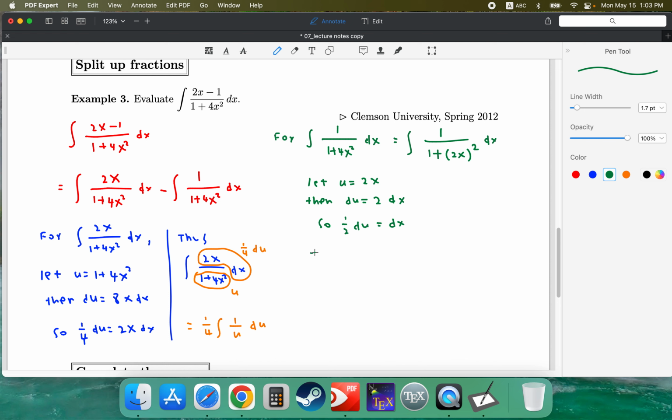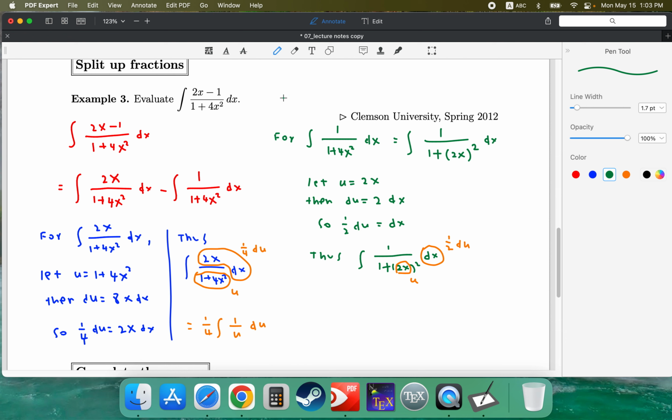Now this dx, 1/2 du, and this 2x in the parentheses, since we already use u here, let's use a different variable.